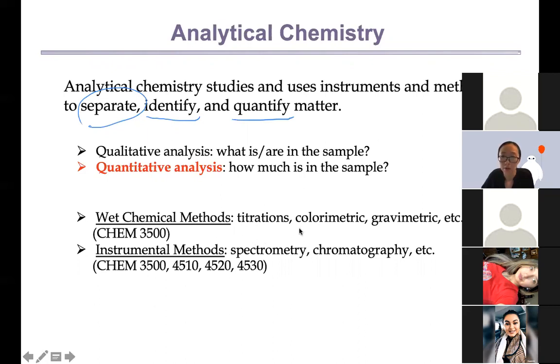This you should have learned in Gen Chem. And colorimetric is using color to tell the concentration of a compound, and gravimetric, we will talk about it in this class. So the wet chemical methods will be covered in this course, Chem 3500.